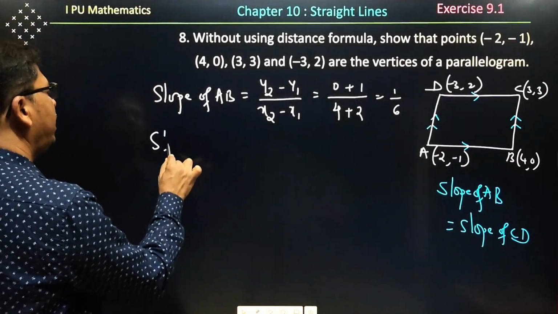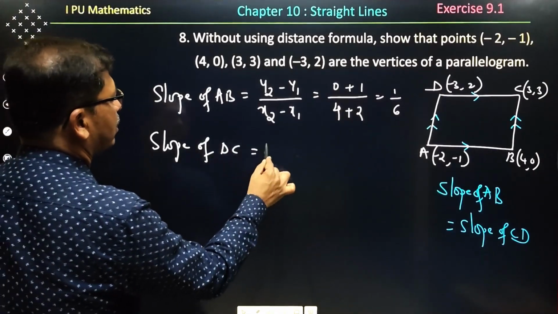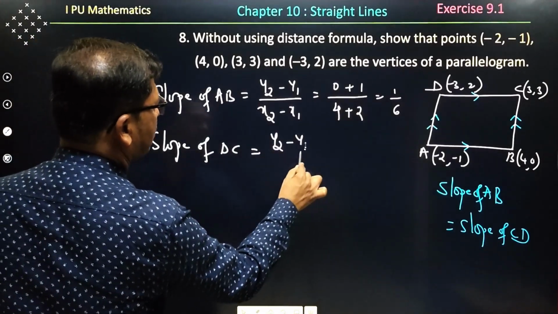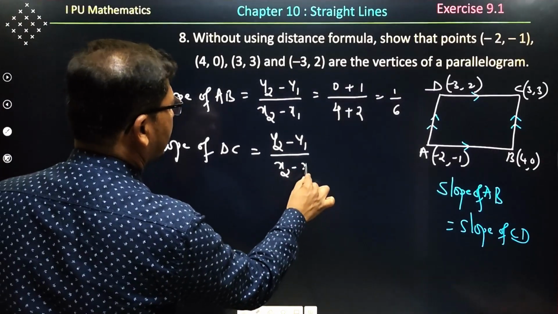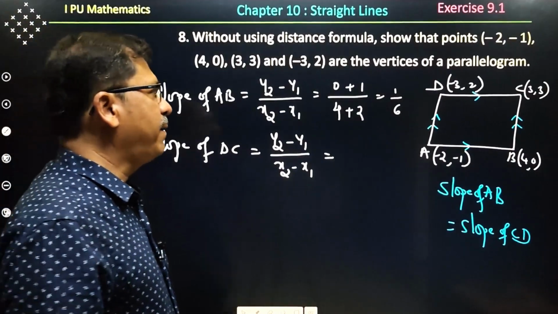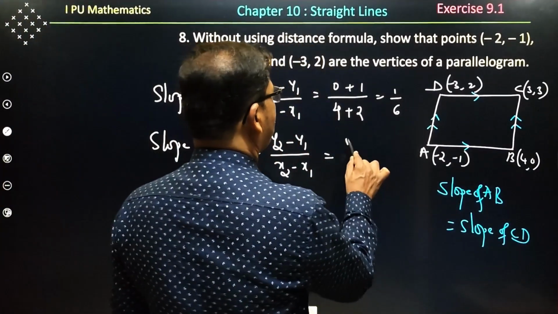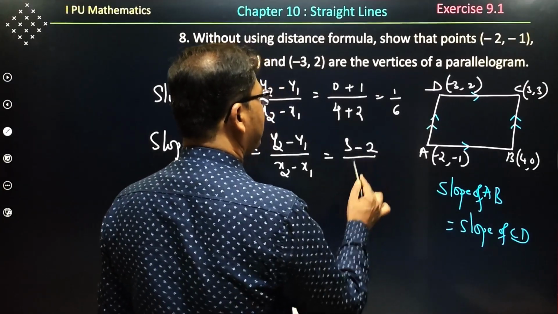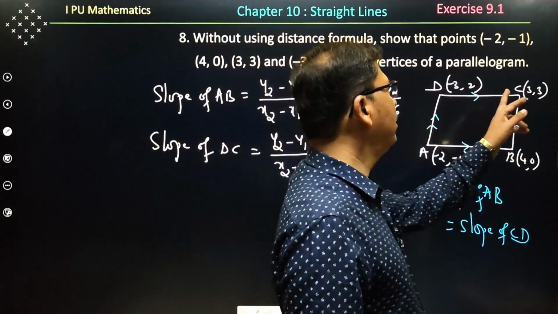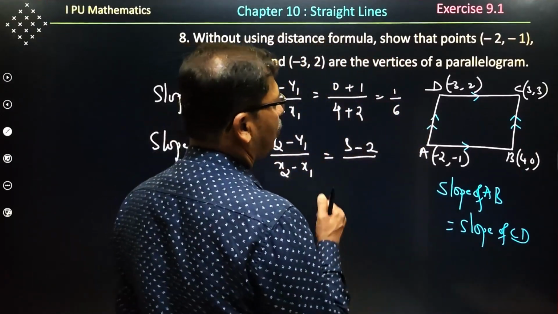Next I would like to calculate slope of DC. Again the formula is the same, y2 minus y1 divided by x2 minus x1. Please concentrate here. For slope of DC, 3 minus 2 in the numerator, because x1 y1, x2 y2, you see the figures there. 3 minus 2 divided by what you need to write?